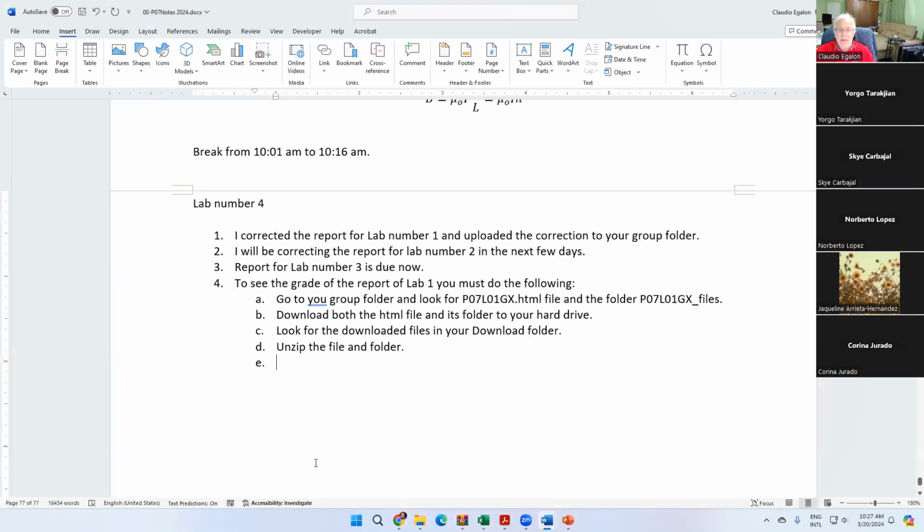So here you go. Unzip the file and folder by double clicking the zip folder. Inside the zip folder, copy both the HTML file and its corresponding folder.